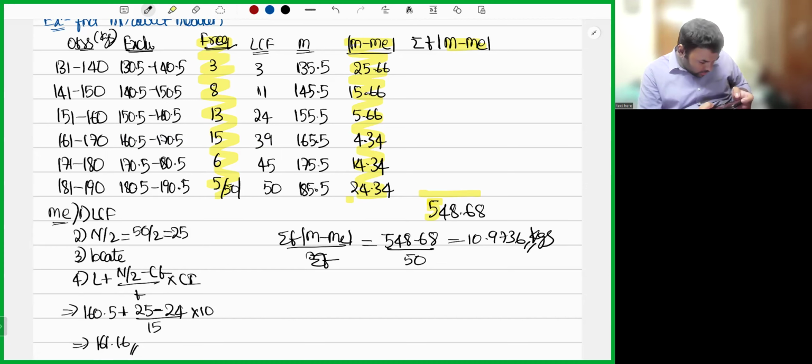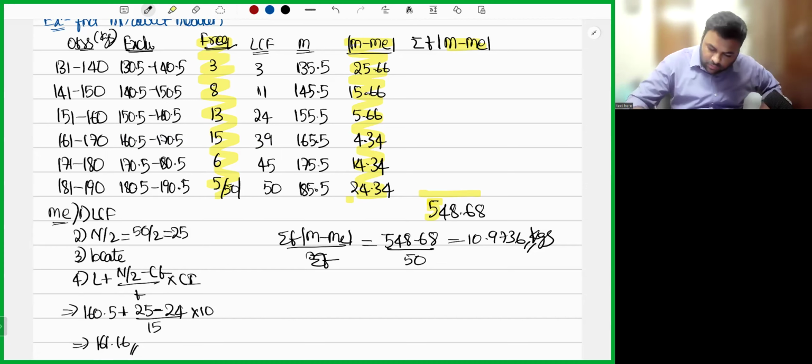I'll share it in the group. Give me 1 minute. Question 1 and question 3 homework. Okay, I've shared it in the group. Question 1 and question 3 are your homework today.